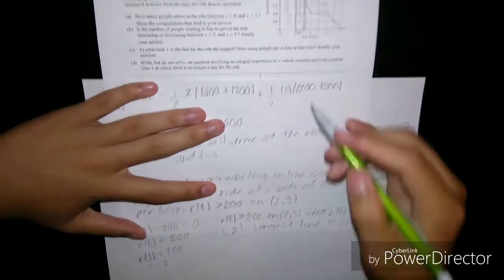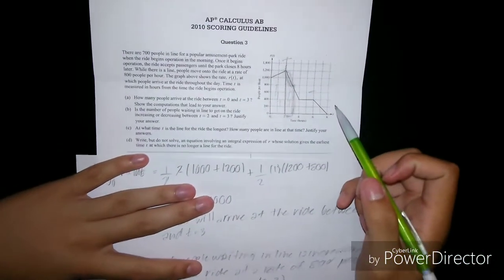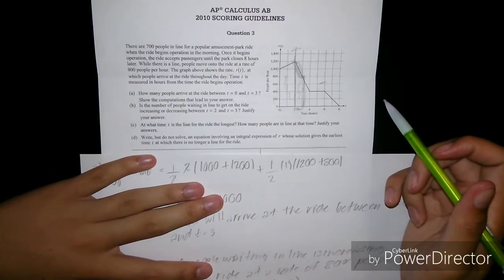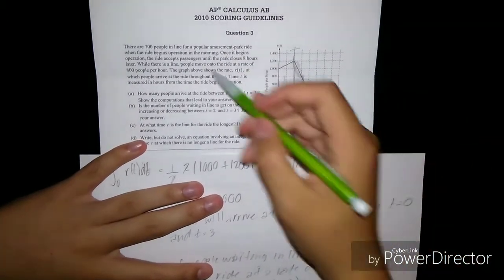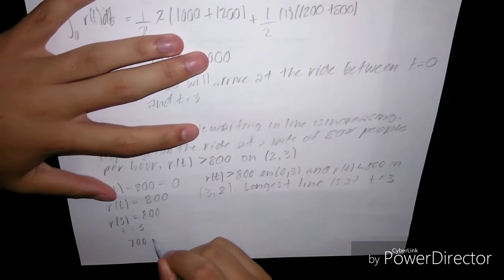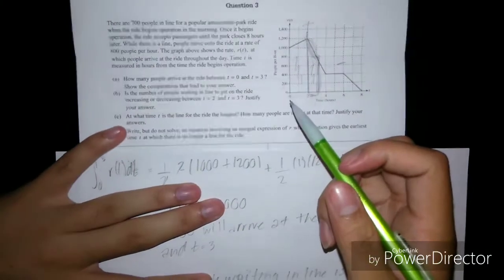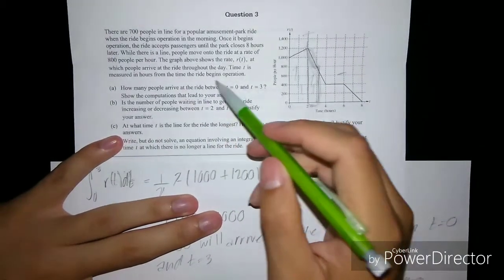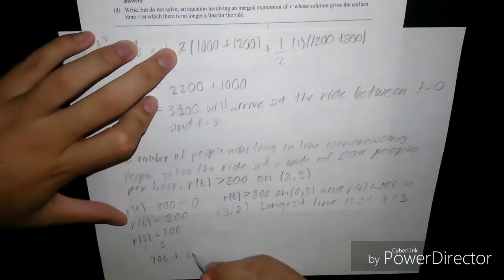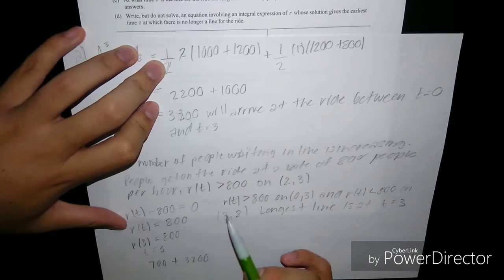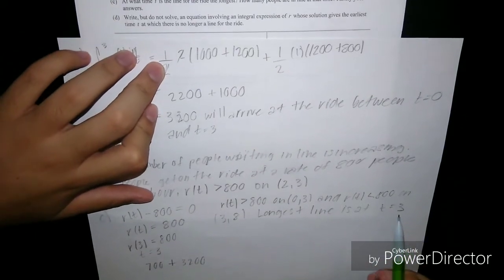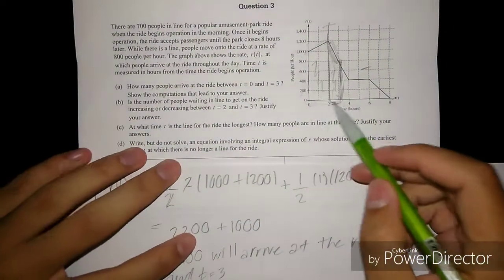Now we're not done with that question yet. It also asks us for how many people are in line at that time. So in order to do that, we need to figure out the total amount of people. We know that there are 700 people in line already. And then we're also going to need to add the amount of people that arrive from 0 to 3, which is what we figured out for part A. Now we're also going to need to subtract the amount of people that moved onto the ride after 3 hours.